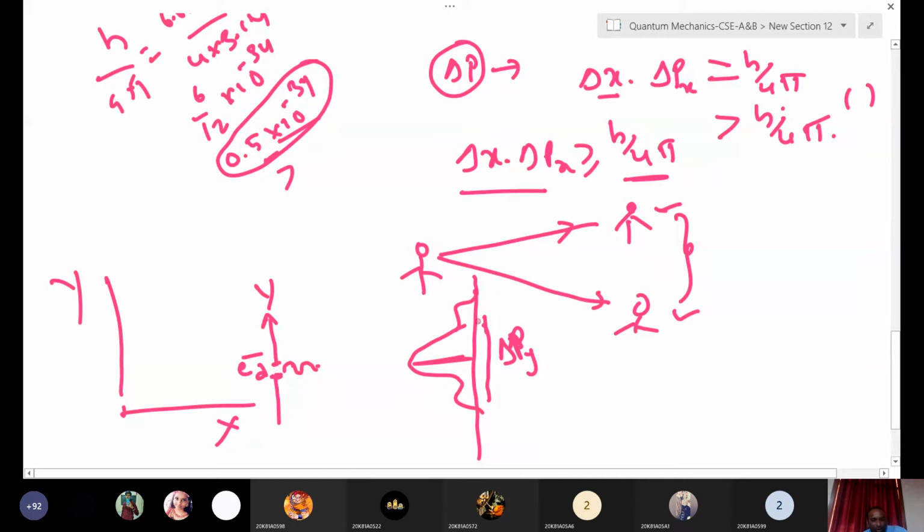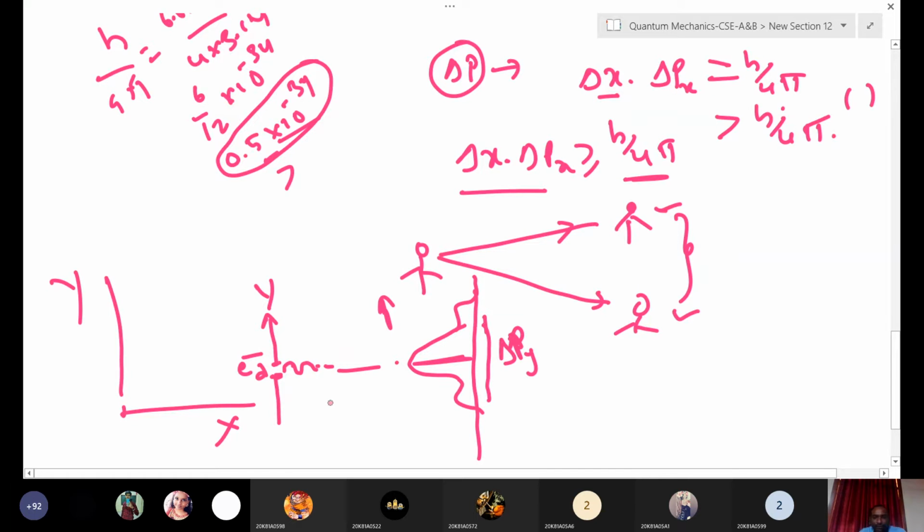But if you observe the diffraction pattern on the screen along the y direction, it is spread out. So the slit width is small, but the diffraction along the y direction is very large.